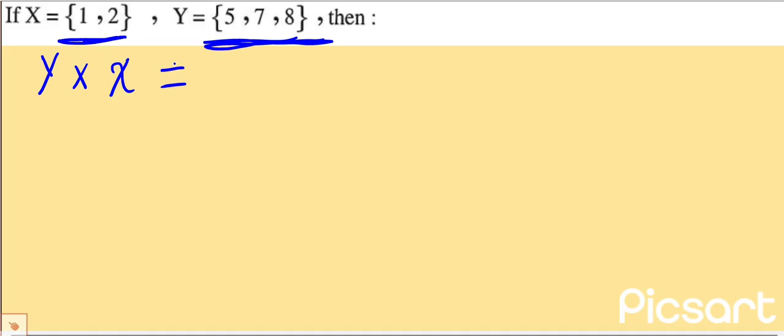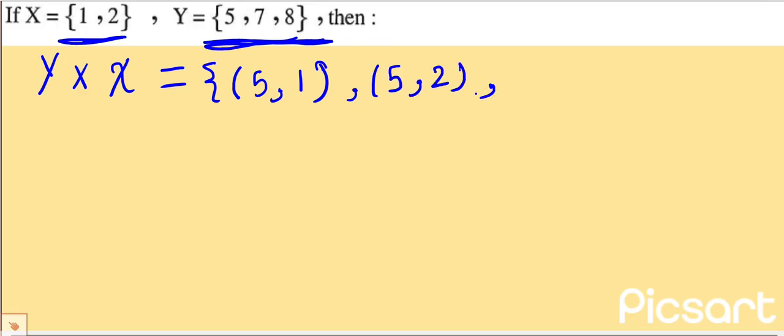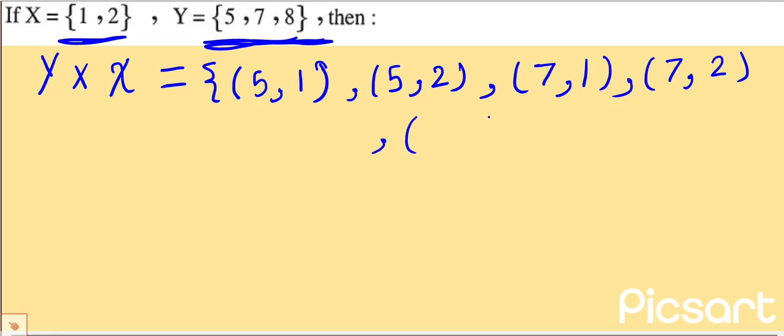And this is X. First, we would start with Y, then 5 and 1, 5 will marry 1. 5 and 2. 7 and 1. 7 and 2. 8 and 1. 8 and 2.